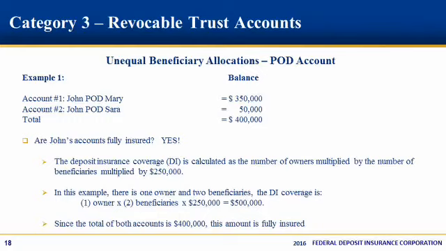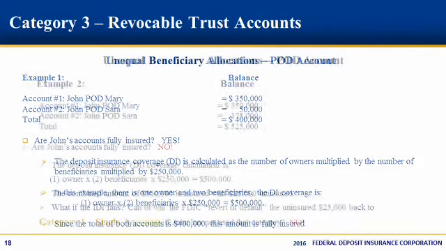Here we have one owner, John, and 2 beneficiaries, Mary and Sarah. So to calculate John's coverage, we must multiply the number of owners times the number of beneficiaries times $250,000, which gives us deposit insurance coverage of up to $500,000. So John's entire combined total of $400,000 is fully insured.